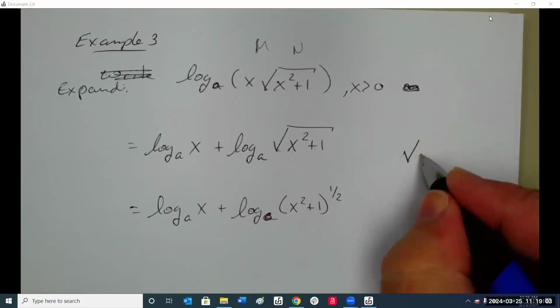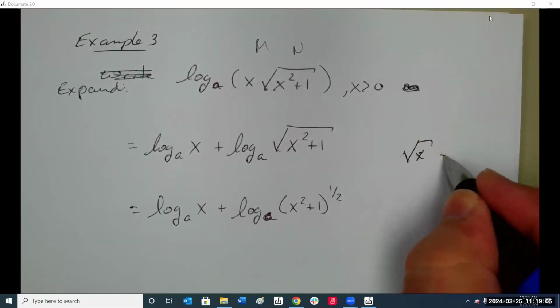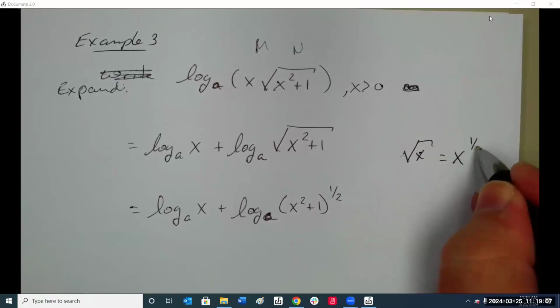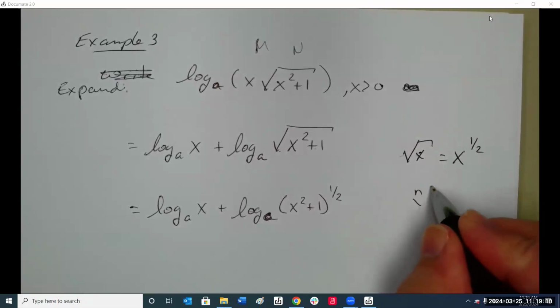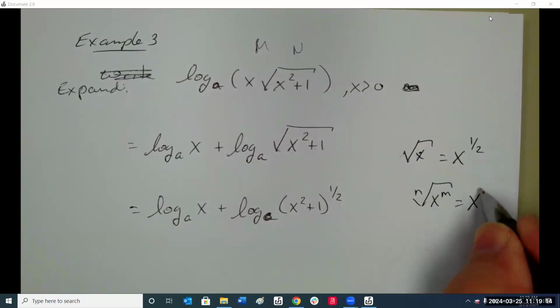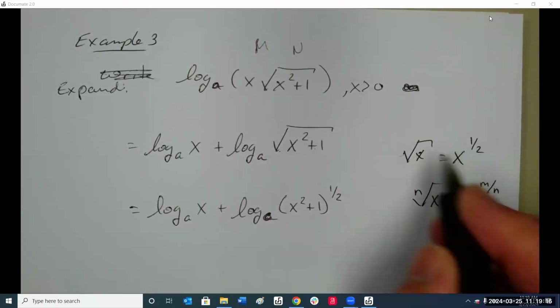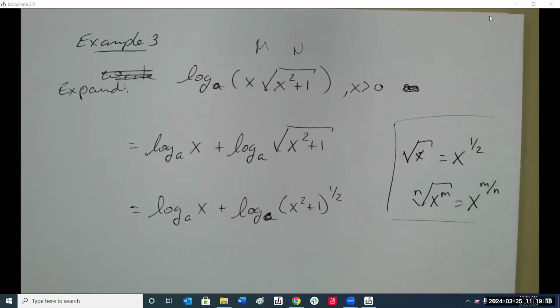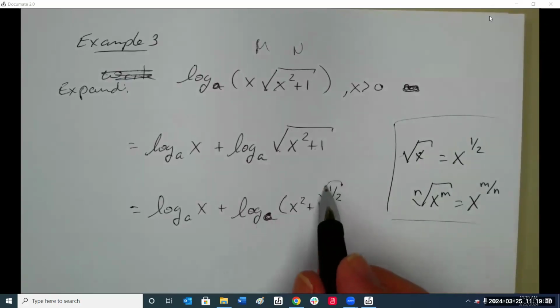Remember, the conversion of radicals are these. So here's a log.